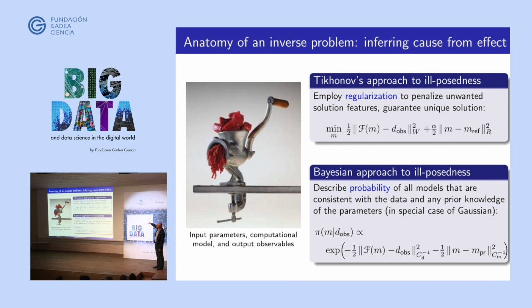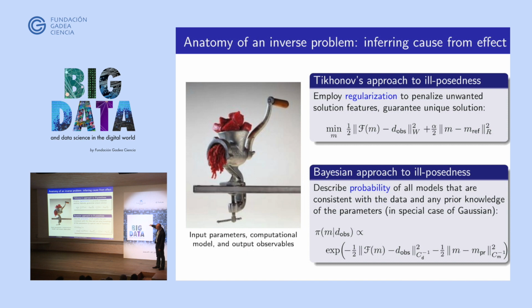And so the idea is to use optimization methods to minimize the misfit between the output of the model and the observables d in some norm, and to add a penalty, again in some norm, on the deviation of m from some reference value, which could be 0, but this is essentially a penalty on unwanted features of the model. It could be, we are penalizing the roughness of the model, we are penalizing the size, and so on.